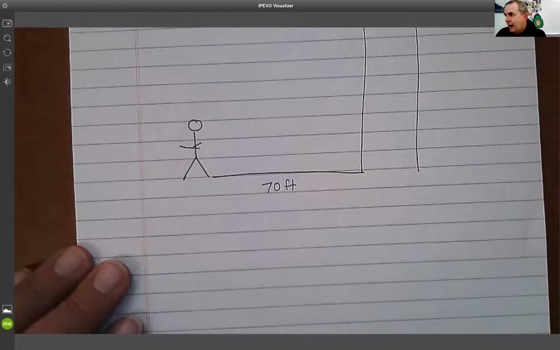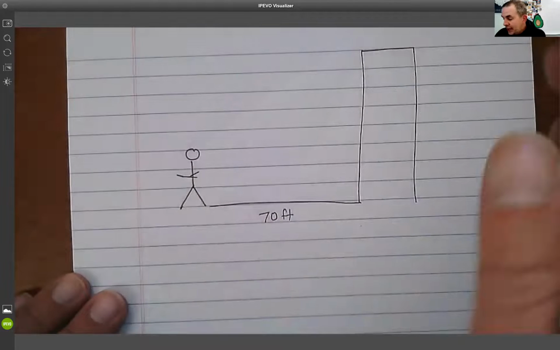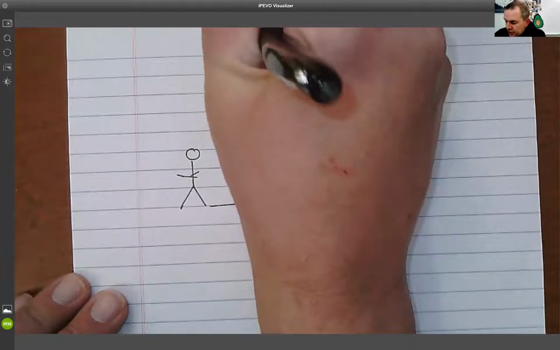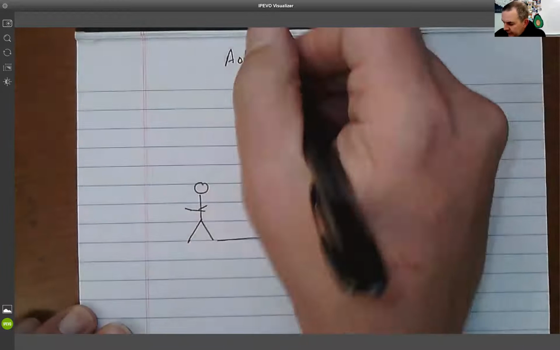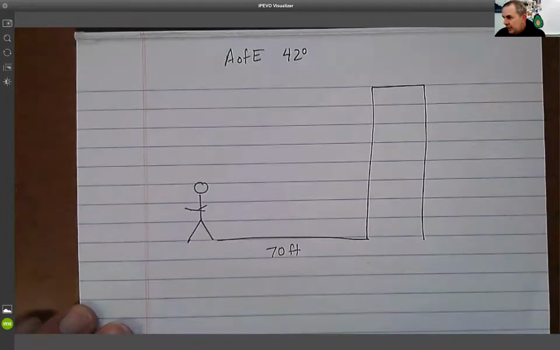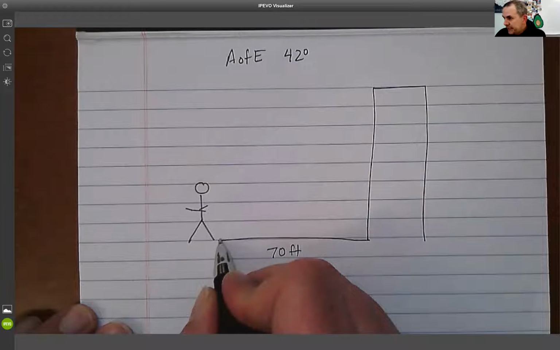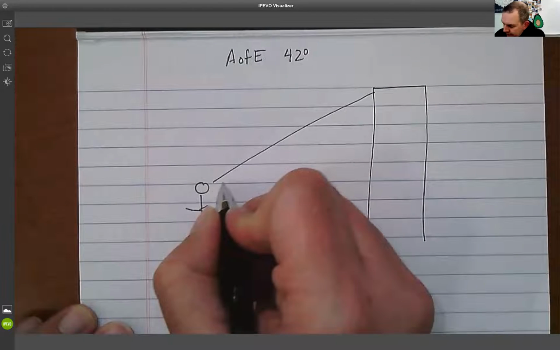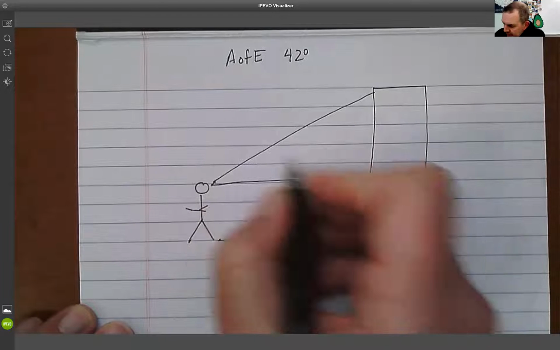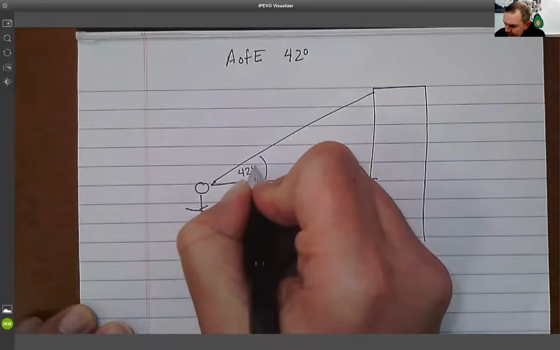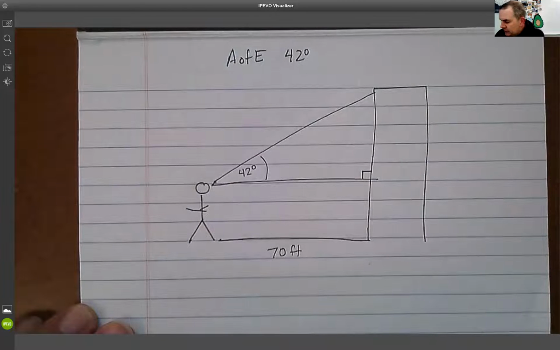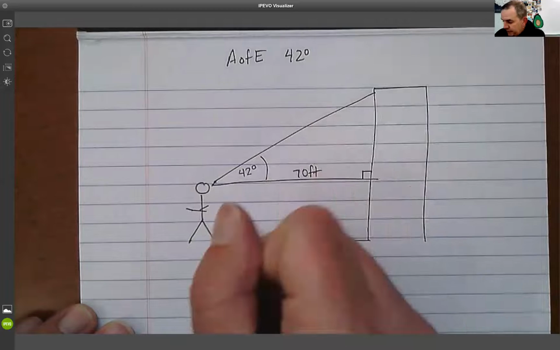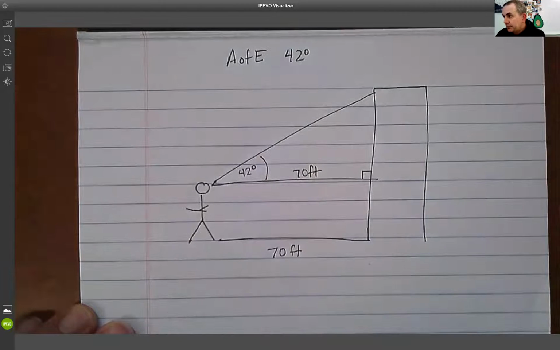If I told you that their angle of elevation to look at the top of the building is 42 degrees, it's not 42 degrees from their feet, it is 42 degrees from their eye line. So realistically, I'm dealing with a 42-degree angle here. There's my right angle. And this length here is going to be 70 feet, because if your feet are 70 feet from the wall, your eyes are 70 feet from the wall.